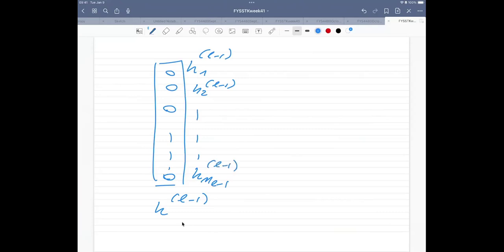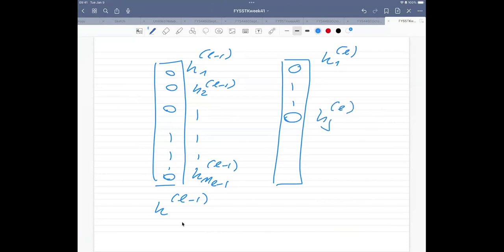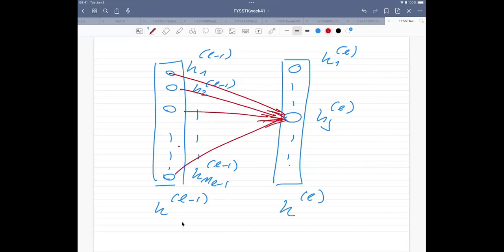This is layer L minus 1, and this feeds into the layer L. So we have H of L here, 1, and there's a node here which we're going to call H of J of L, and that goes all the way down. So this is layer L. Now, all these nodes here, all of them feed into all the nodes in the next layer. So this is the typical structure of a neural network.